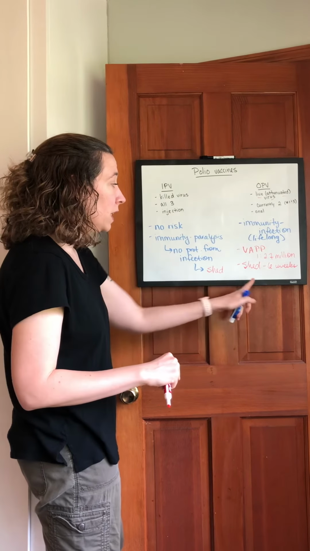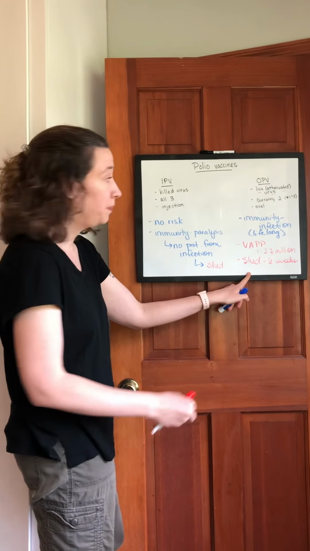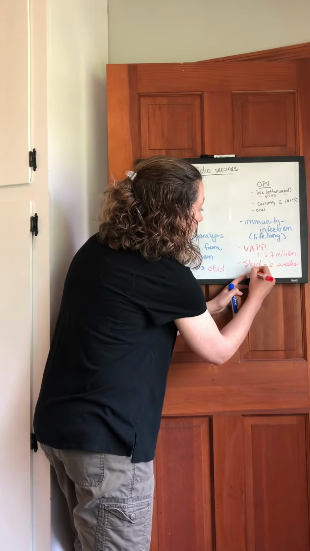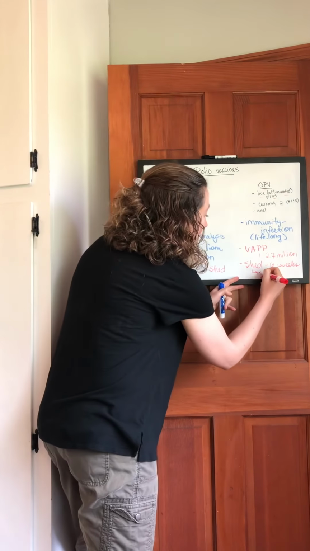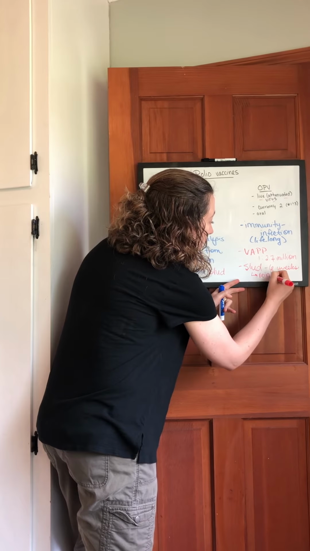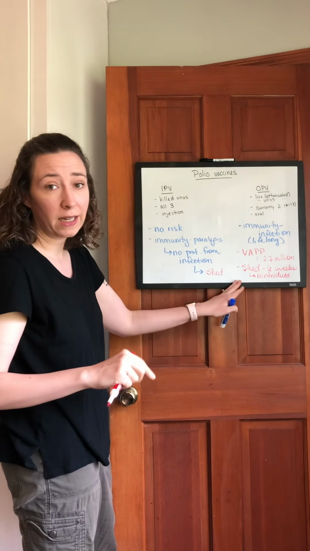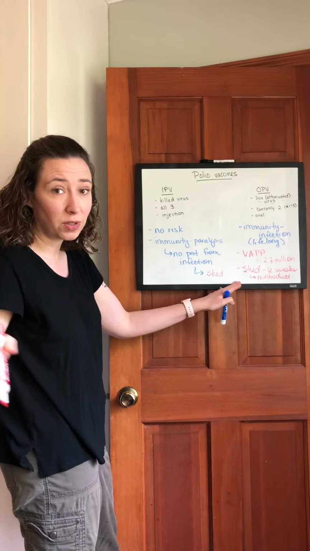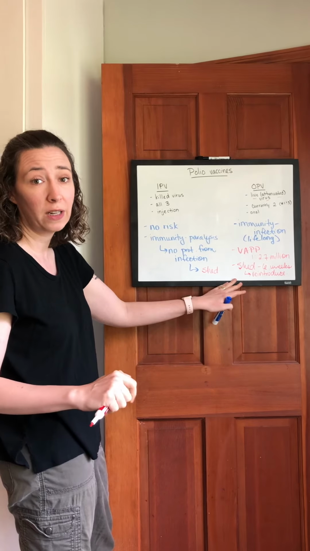Eventually you can see reversion of that attenuation. This has been documented in a couple of rare instances: reintroduction of paralytic polio into an area. And it's not the original natural virus, it's actually the vaccine strains that have reverted.